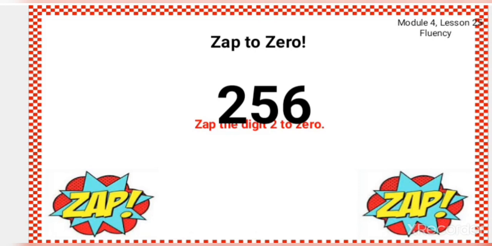Zap the digit 2 to 0. I simply mean subtract 200 from 256, and my answer will be what? Lovely, 56.